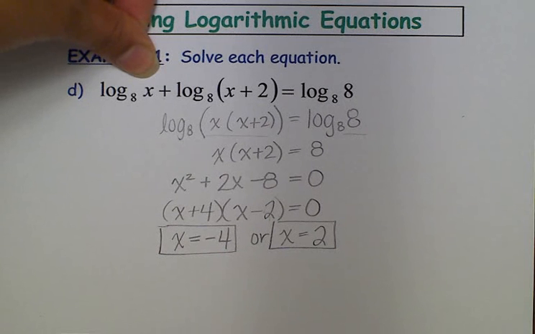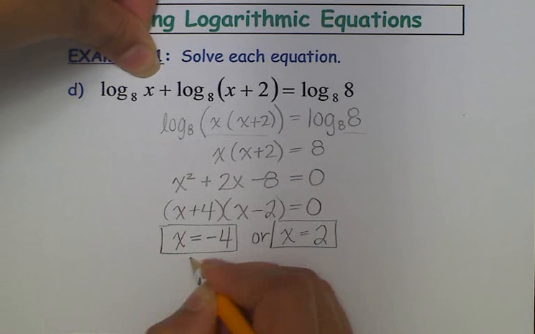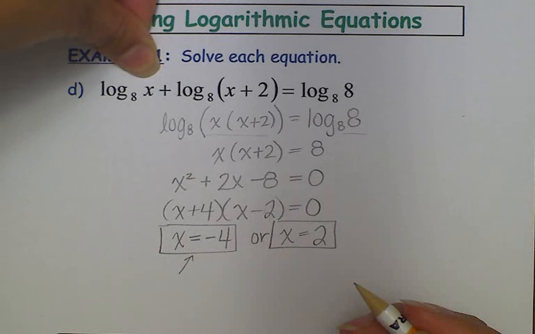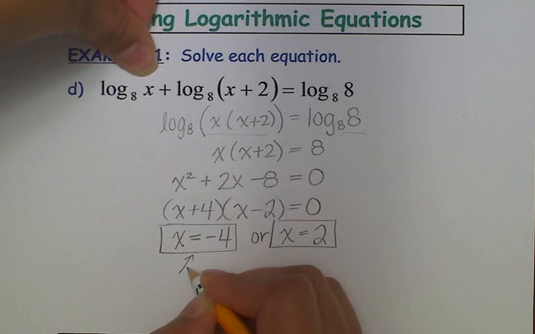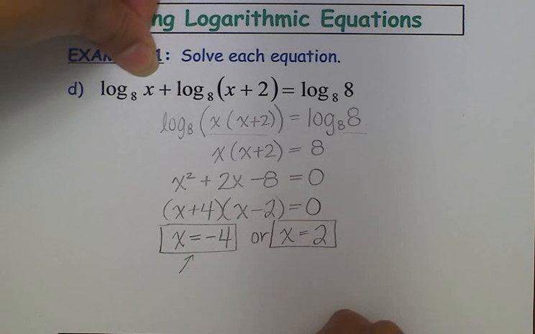Whenever you're looking at a logarithm, the expression inside the logarithm must be greater than 0. And x equal to negative 4 is a value that's less than 0. So that tells me that this is going to be extraneous. As soon as it doesn't satisfy one of the original logarithms, then automatically it's an extraneous root.